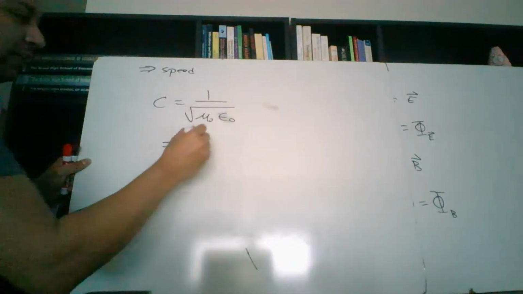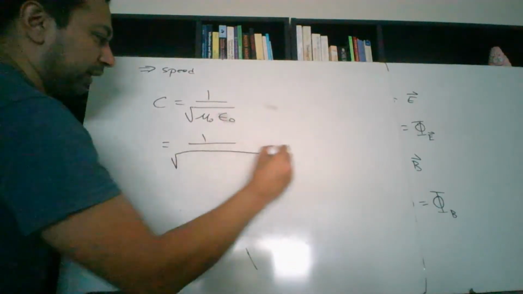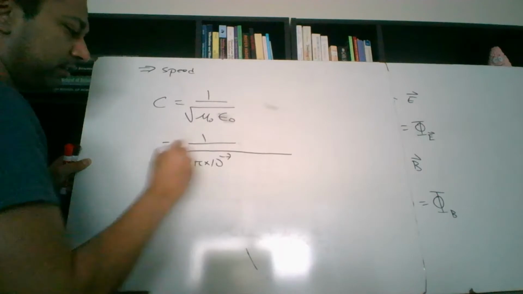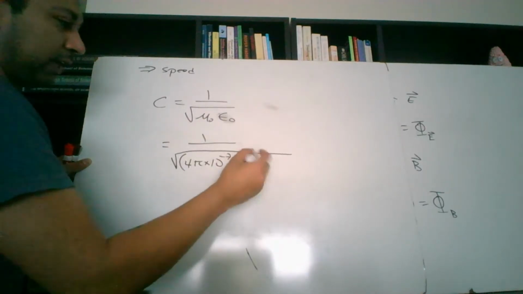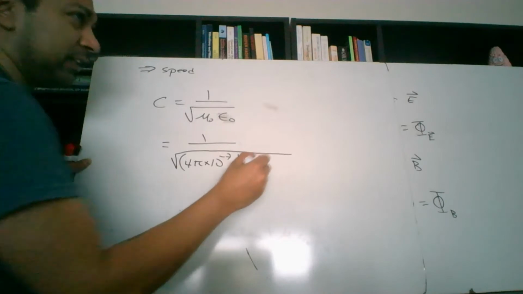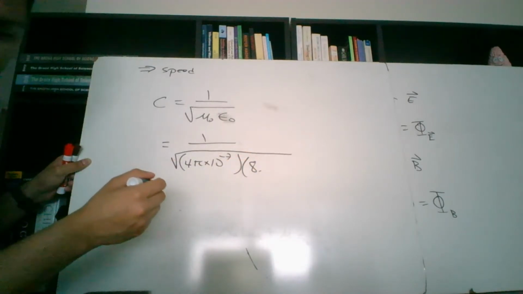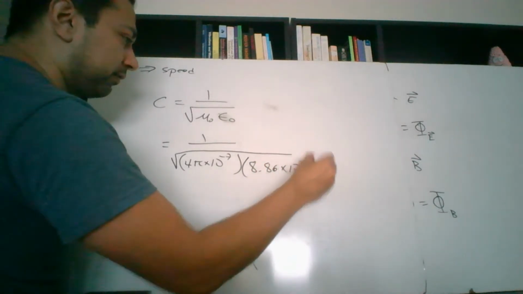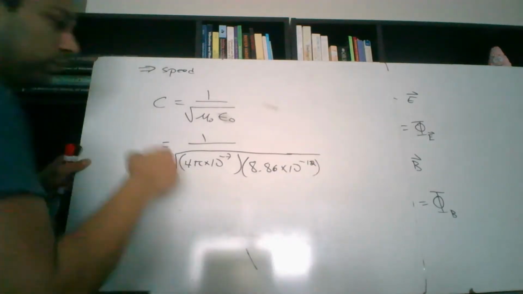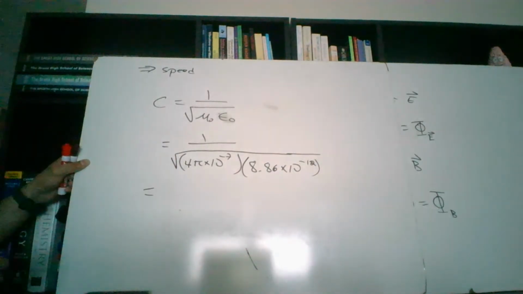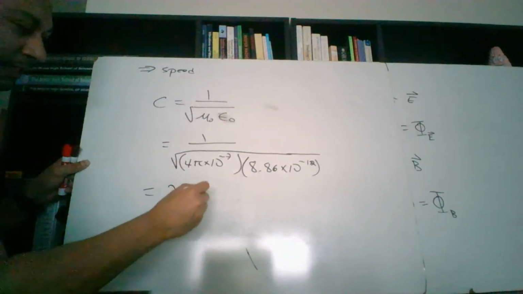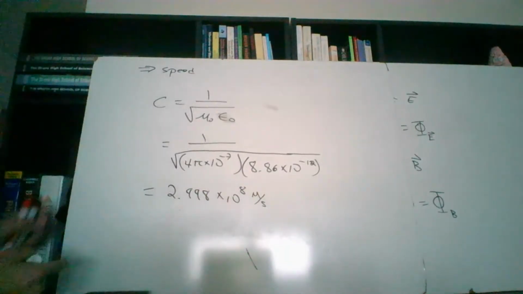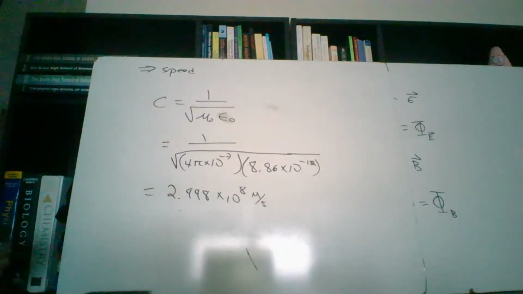If you plug that into your calculator, that's going to be the square root of 4 pi times 10 to the power minus 7, that's mu naught, and epsilon naught is 8.85 times 10 to the power minus 12. When you plug this into your calculator, you will get 2.998 times 10 to the power 8 meters per second, which is the speed of light, roughly.